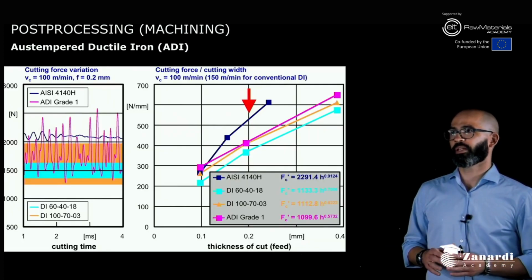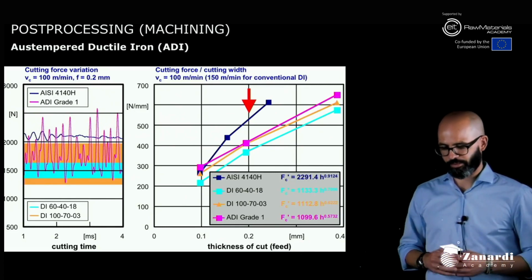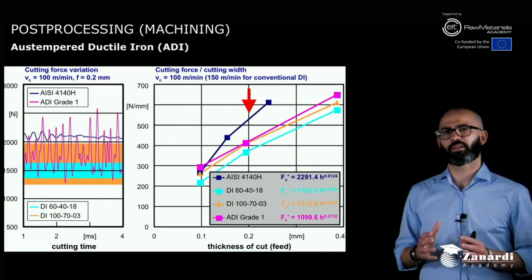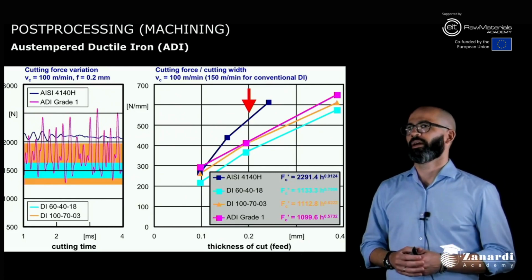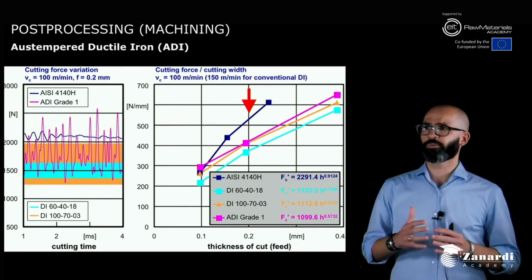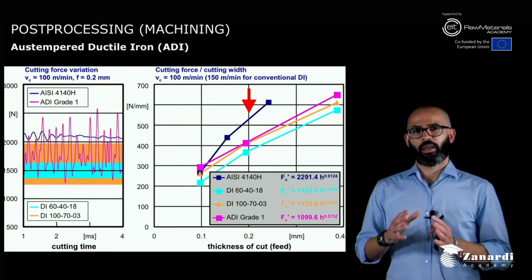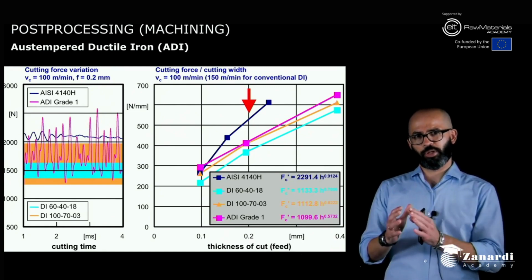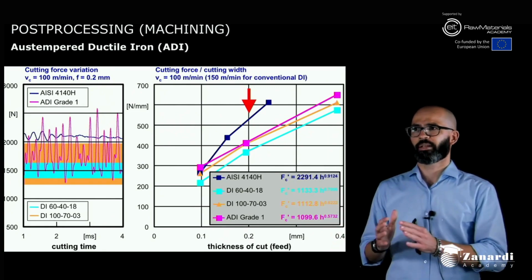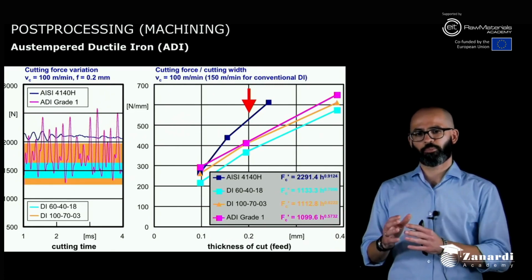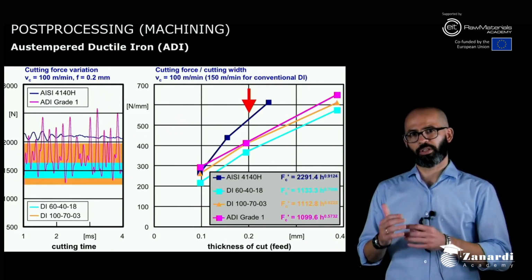If you compare ADI with steel, because steel probably is more common for everybody, the cutting force is less, but the vibration is a little bit high. So it's important to take in consideration every information said to use the right approach and avoid problems during machining ADI.